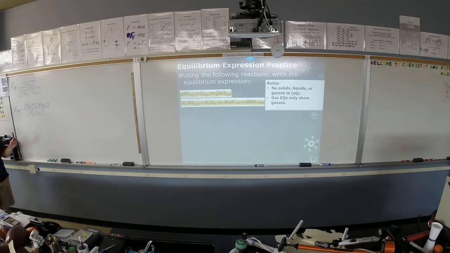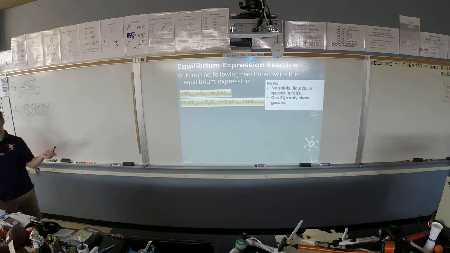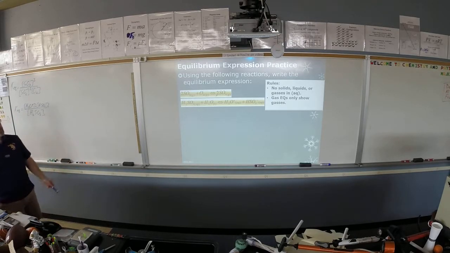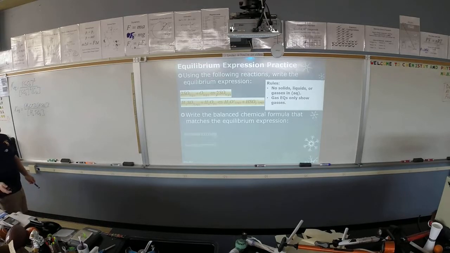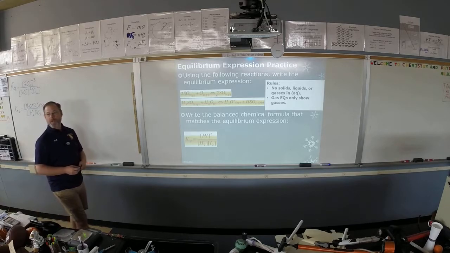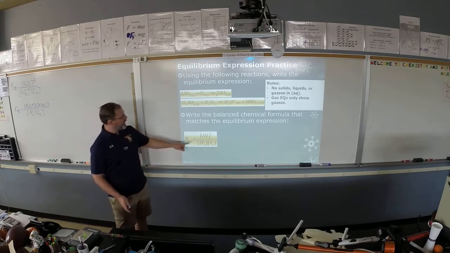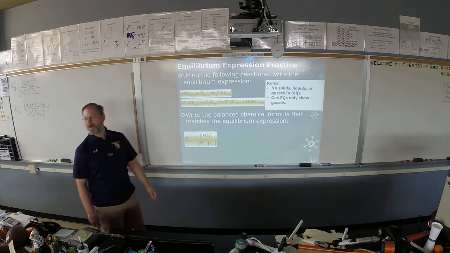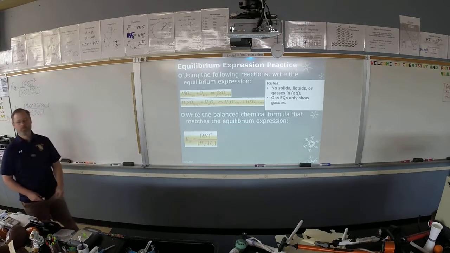Now we've used the balanced chemical reaction to write a K and Q. We can also go back the other way. For instance, if I told you the Kp for hydroiodic acid is this, you can give me a chemical reaction based on that Kp. Yes.